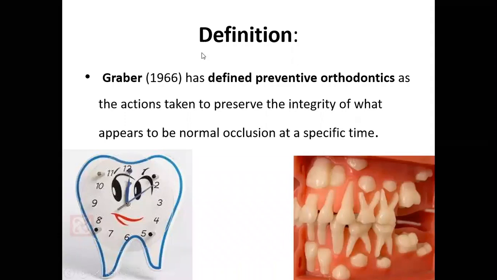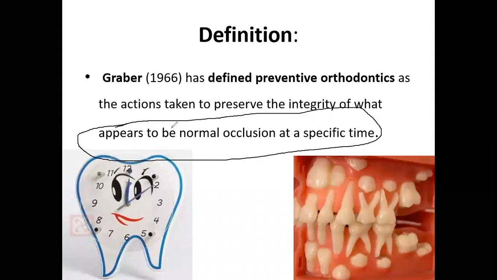So by definition, Graber says that it is an action taken to preserve the integrity of what appears to be normal at a specific time. Why does he say what appears to be normal at a specific time? As we know, there is a specific time for each tooth to erupt into the oral cavity.